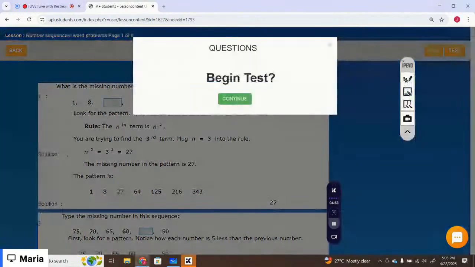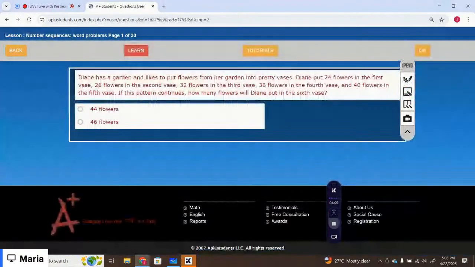Let's just start with the test questions. Jane has a garden and likes to put flowers from her garden into pretty vases.